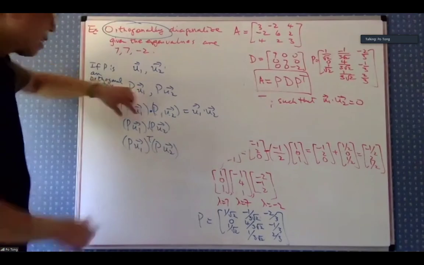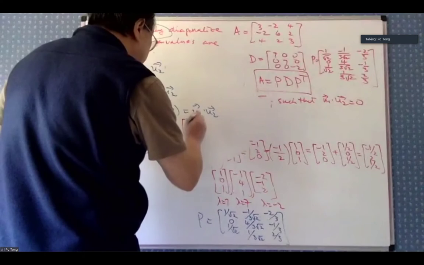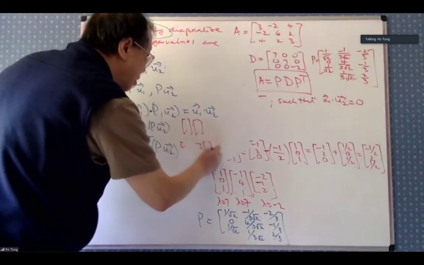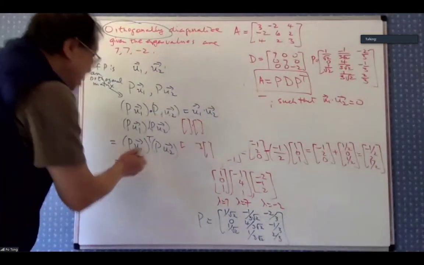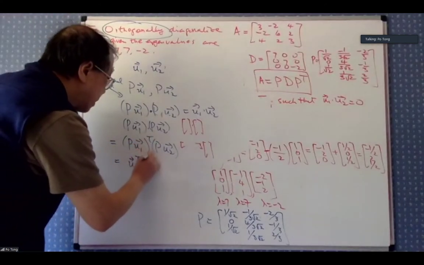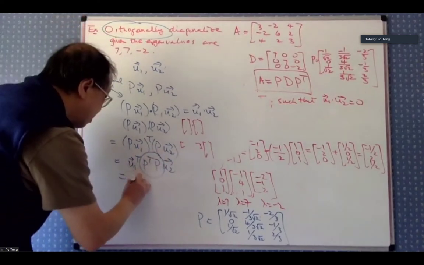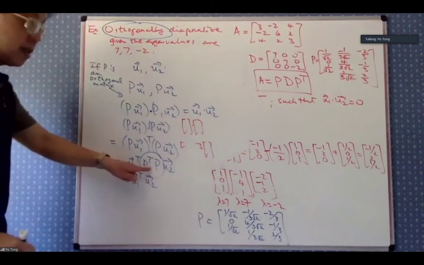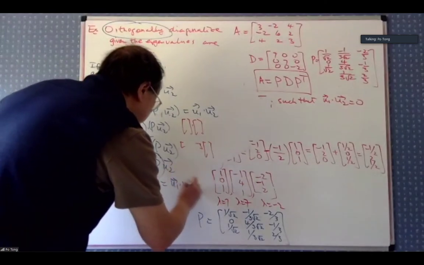These are both column vectors. When you write it like this, you have this row times this column as matrices. Then you do the transpose. This one becomes U1 transpose P transpose PU2. The P transpose P is equal to I, the identity. So this one becomes U1 dot U2.